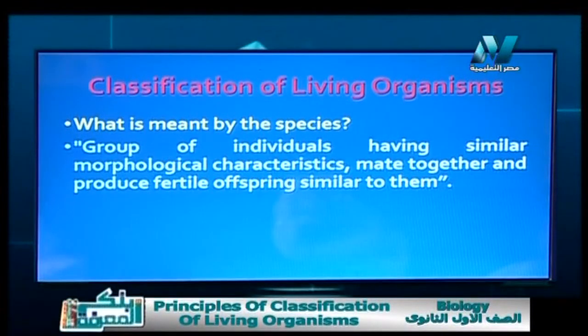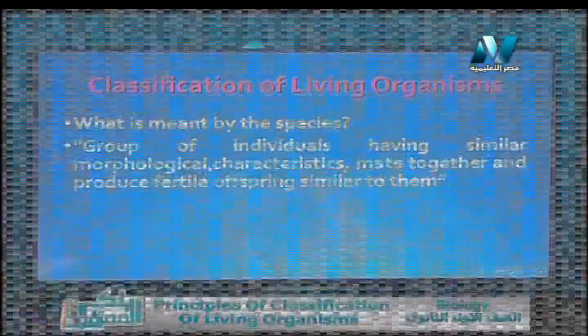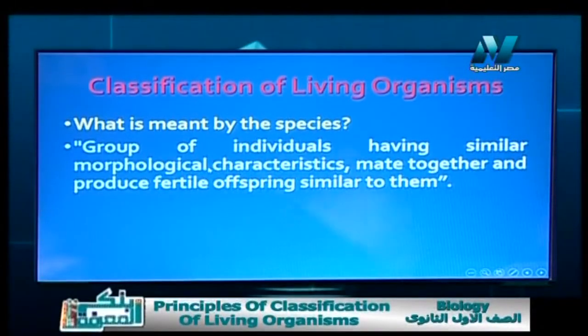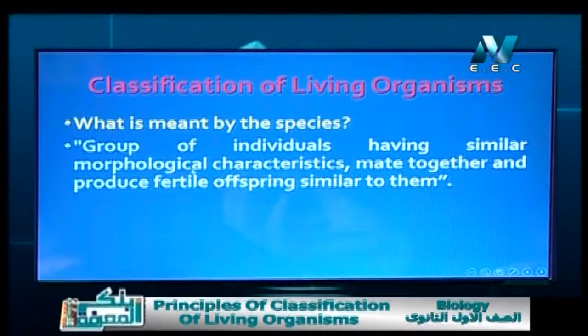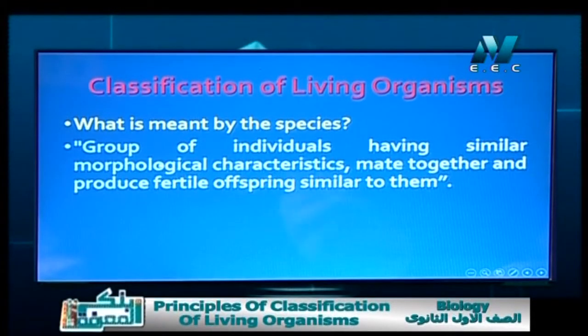The species is a group of individuals having similar morphological characteristics. What are morphological characteristics? The morphological characteristics mean the external features of the living organism. As we said, the reptiles have common features externally, and they didn't examine the internal structures.